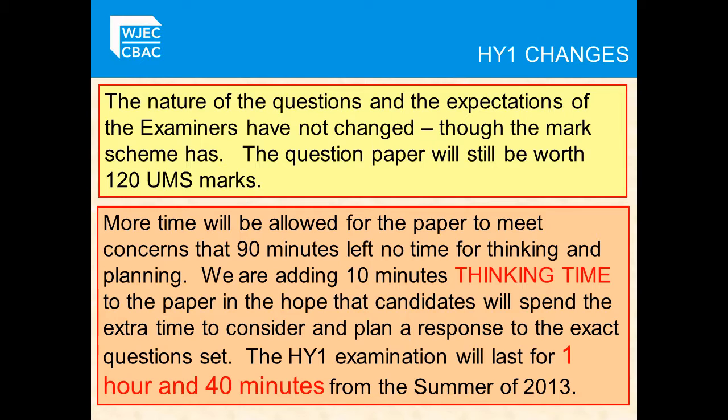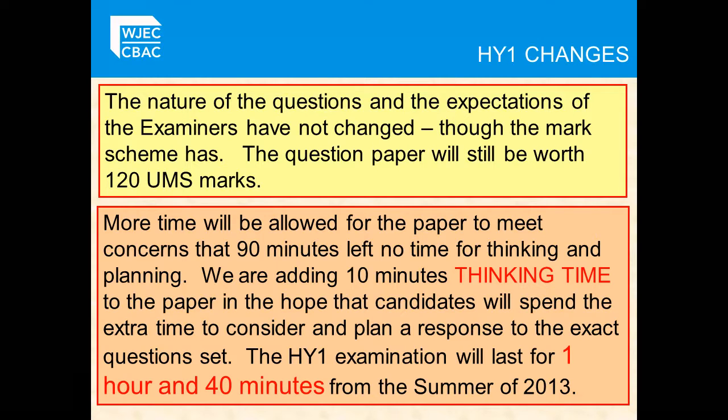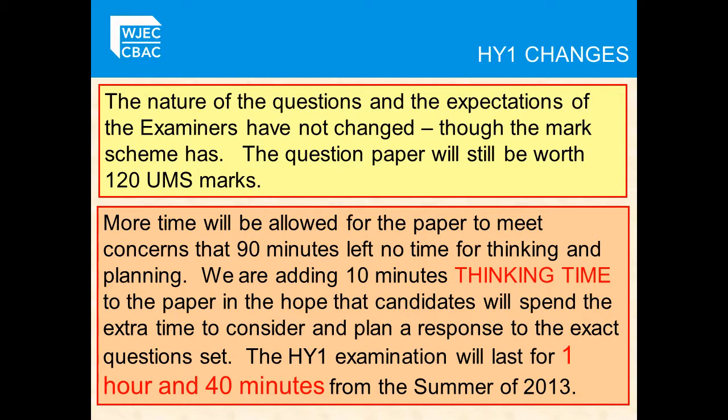HY1 will still be worth 120 UMS. There will be the same type of questions, even though some of the stems, as shown in the SAMs, may differ. Candidates will still be expected to answer 2 questions from the 4 now provided, though they will have some 10 minutes longer to complete the examination.